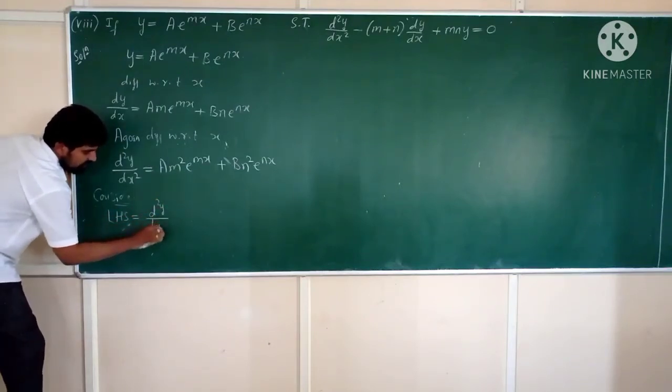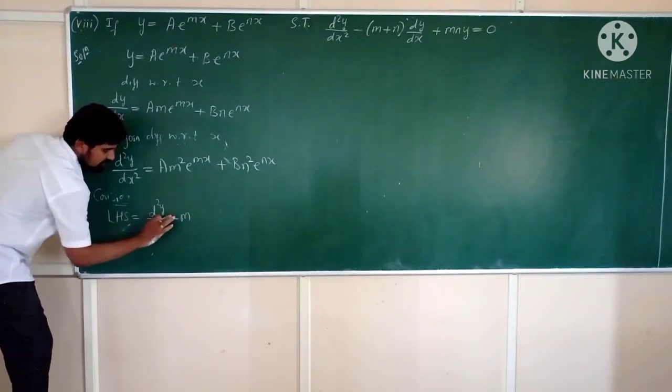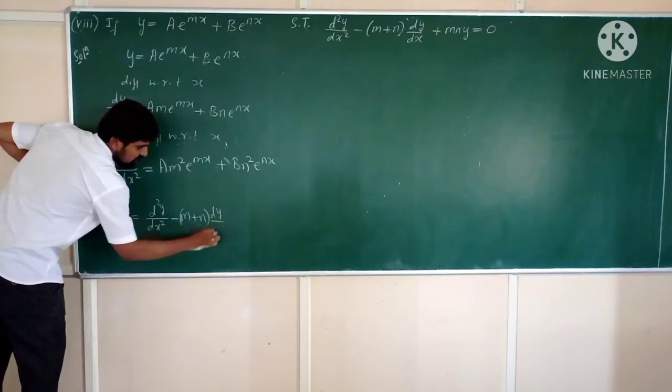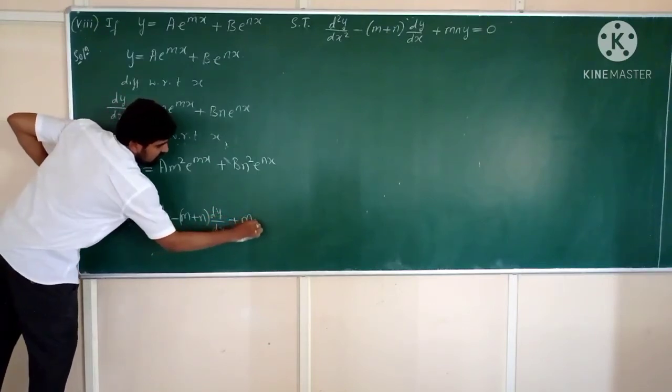d square y by dx square minus (m plus n) into dy by dx plus mn y.